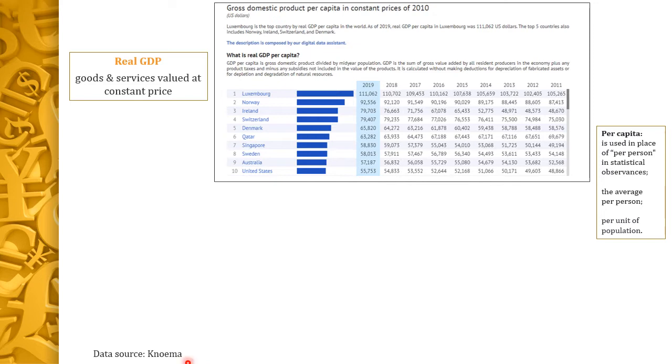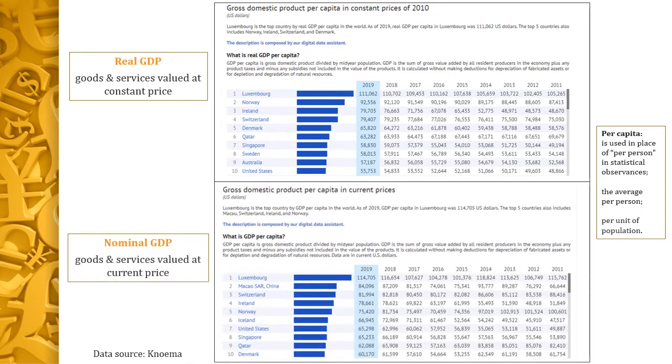And so you would notice that there are countries like Qatar, which actually has been going down. You can see here that it was 69 and now it's 63. So their per capita is actually going down, where other countries like the United States went from 48 to 55 per person.